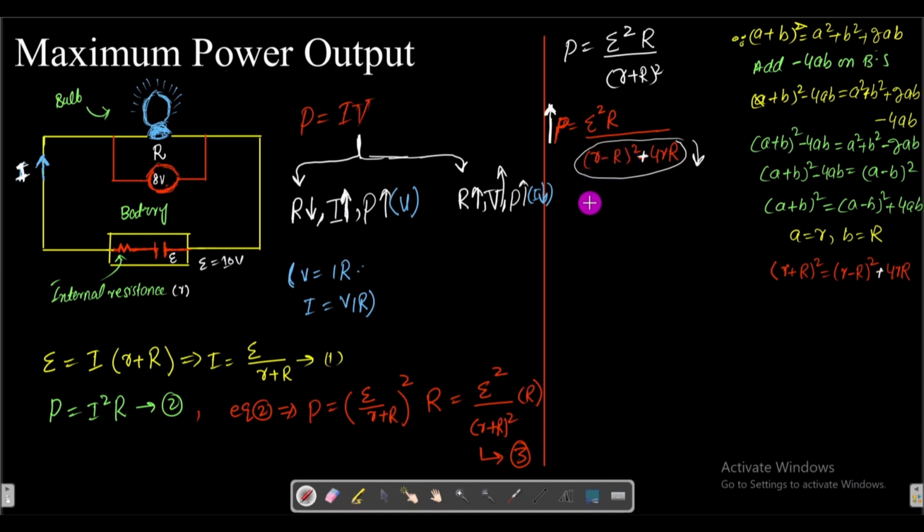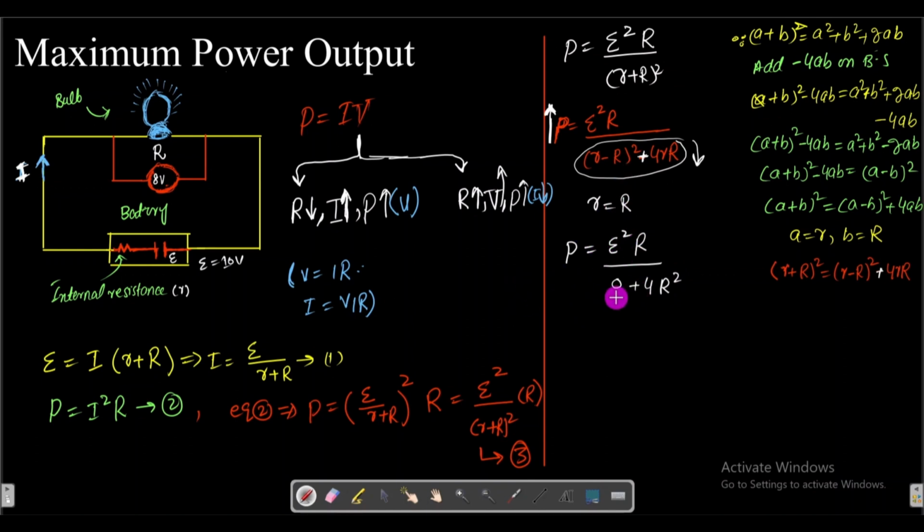If we put r equal to capital R, then this equation becomes P is equal to the electromotive force squared into R divided by, if we put r equal to capital R, this expression will be 0 and plus 4rR, both are same, so I am going to write R².